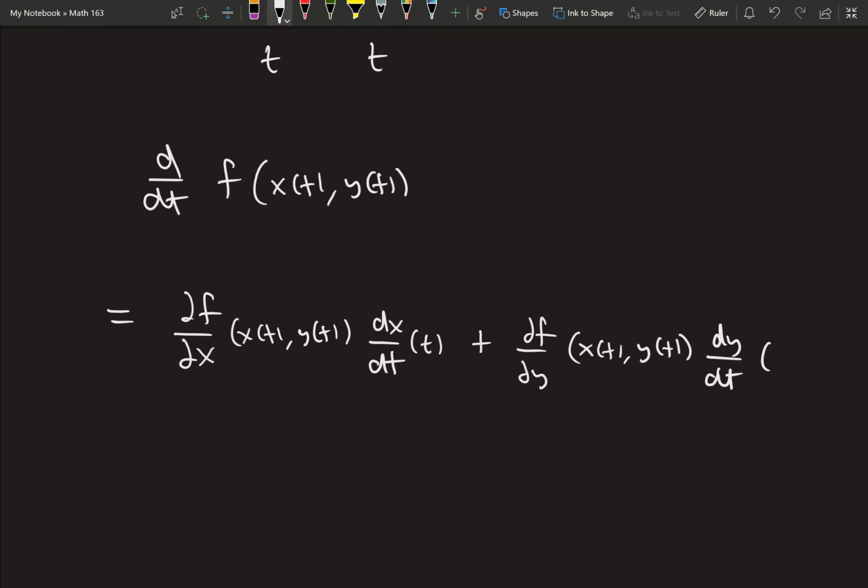Or suppressing all the variables, we simply have del f del x dx dt plus del f del y dy dt. This is the chain rule, the most essential form of it.